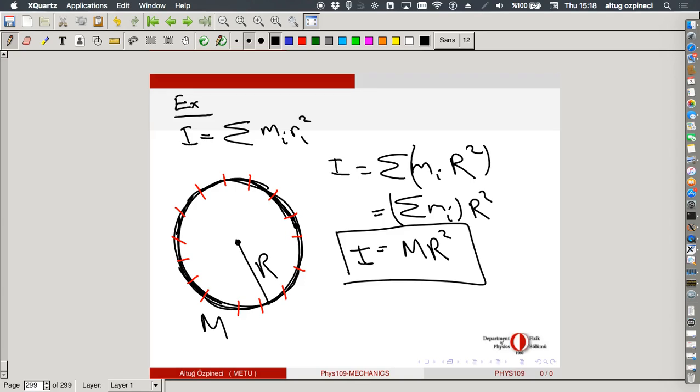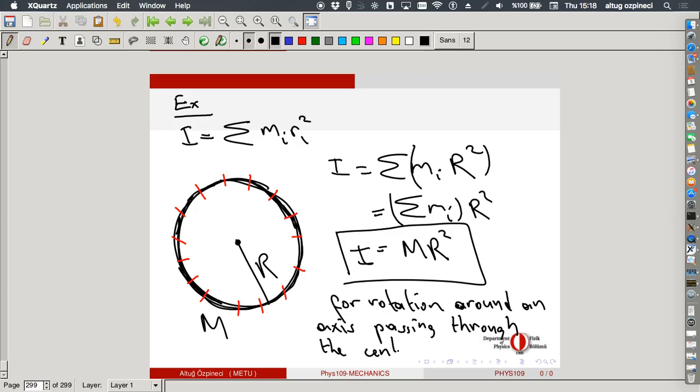This is the moment of inertia of a ring for rotations around this axis. This is the moment of inertia only for this rotation.